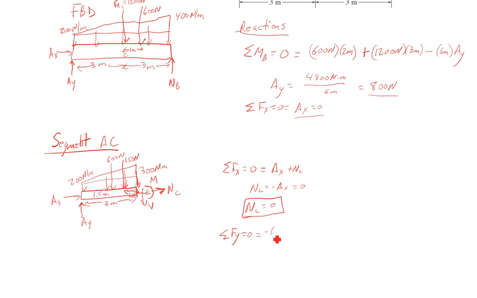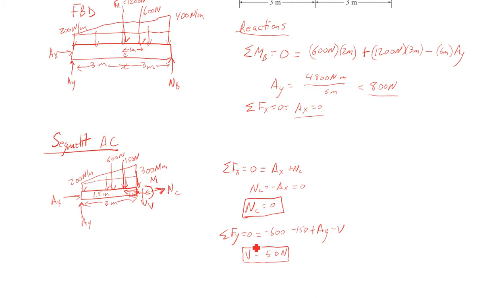So we get negative 600 minus 150, these two parts of our distributed load, plus AY is 800, and we're going to have minus V. So I'm going to pull V to the other side. V equals 50 newtons. So I have 600, 750, and that negative 750 plus 800 gets me 50 newtons.